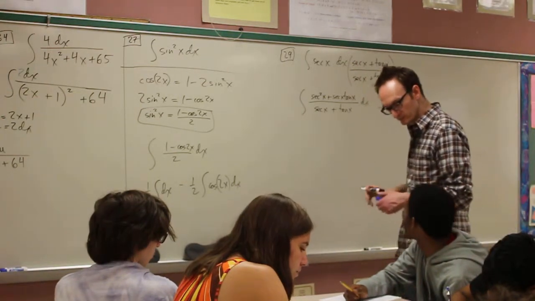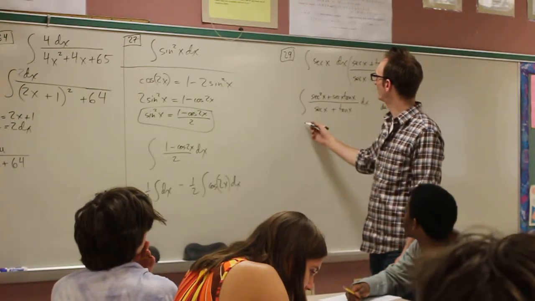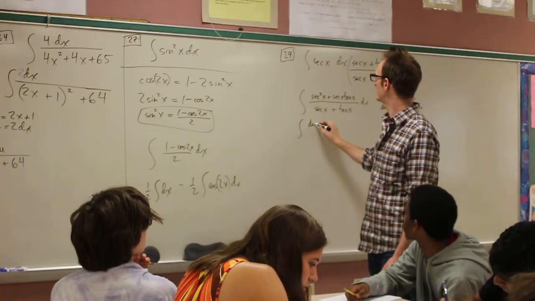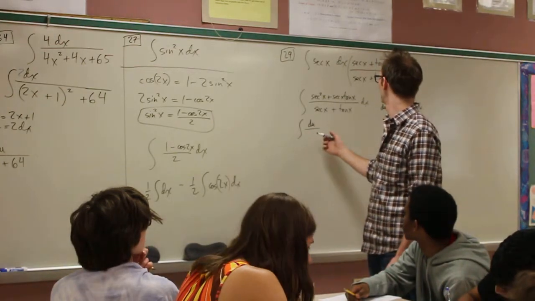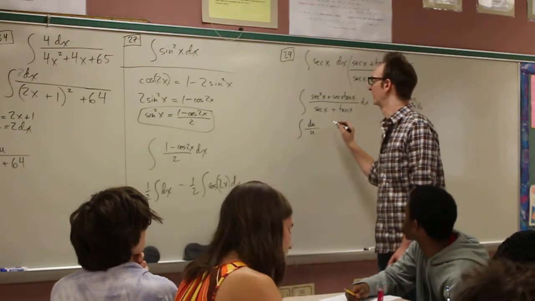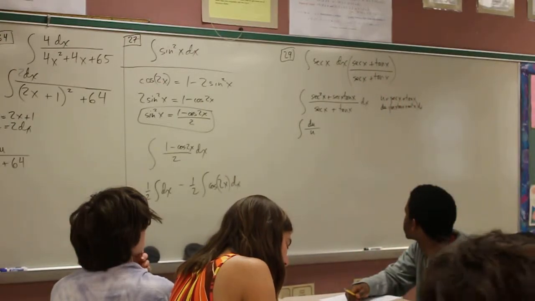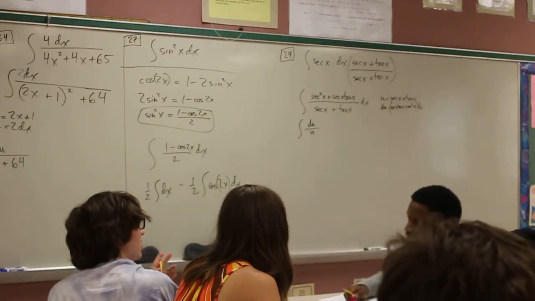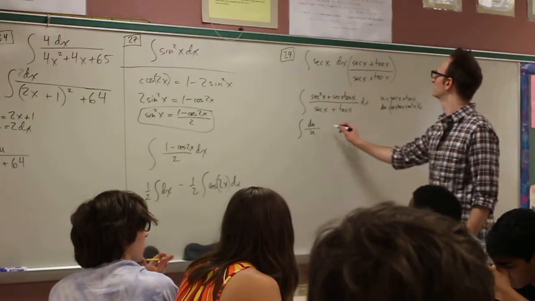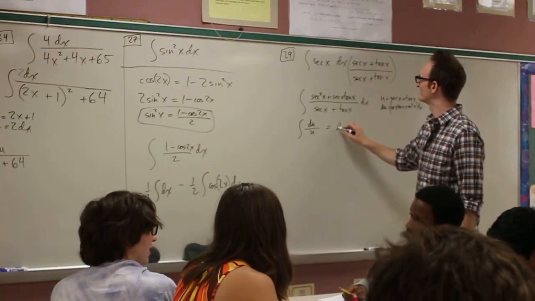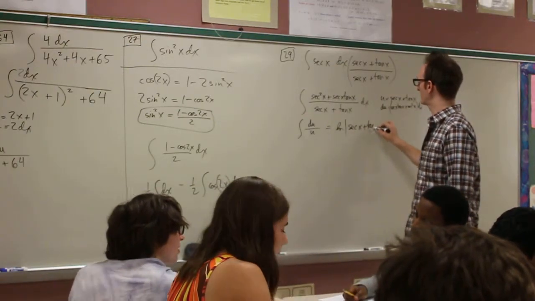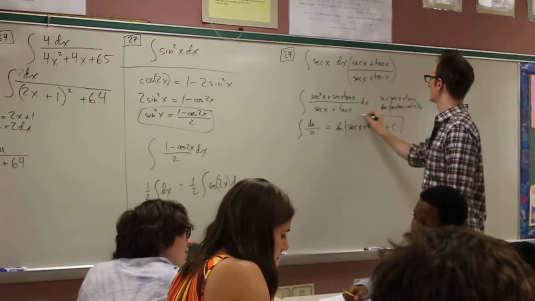So this is du over u. The answer is ln absolute value of secant x plus tan x plus c.